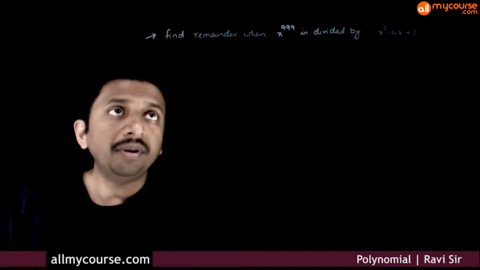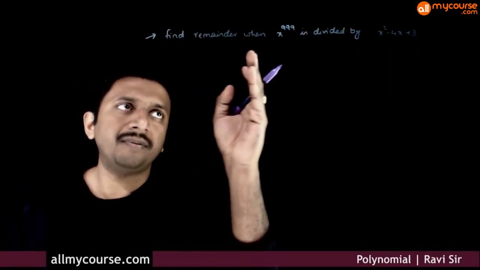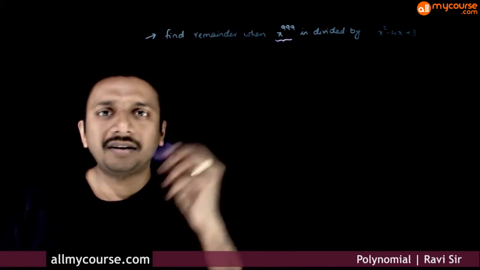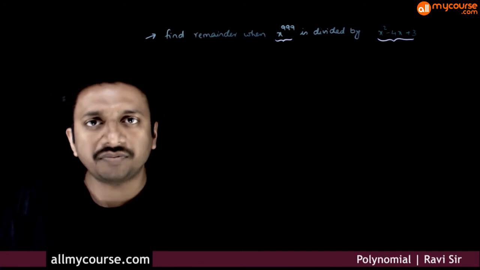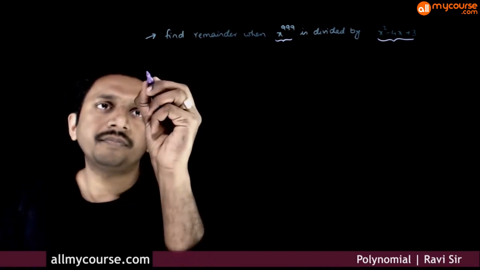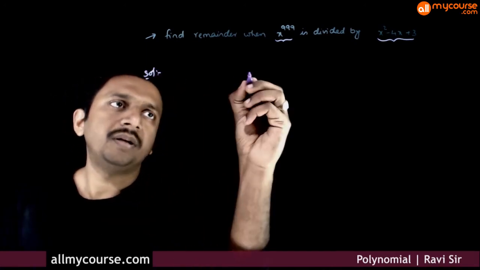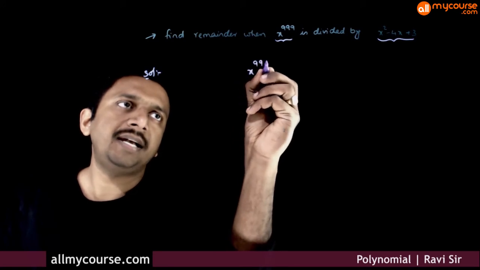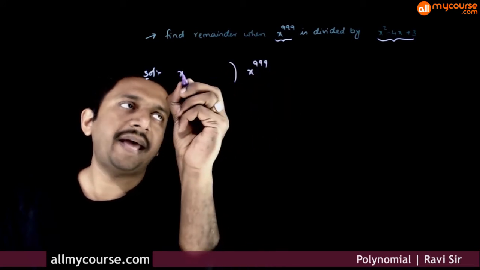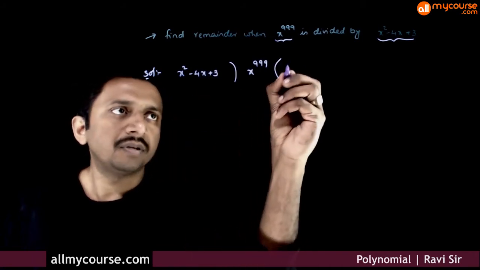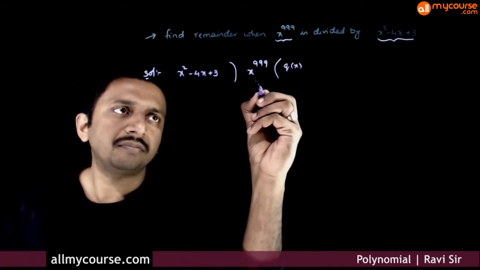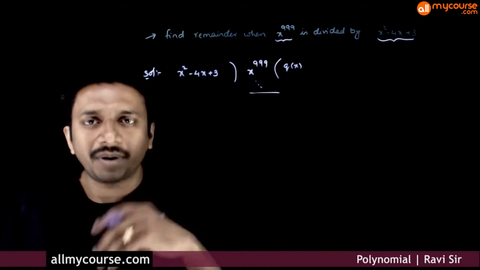So in this example, you're asked to find the remainder when x power 999 is divided by x square minus 4x plus 3. So you get some quotient and you get some remainder.